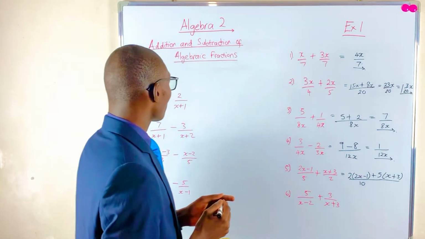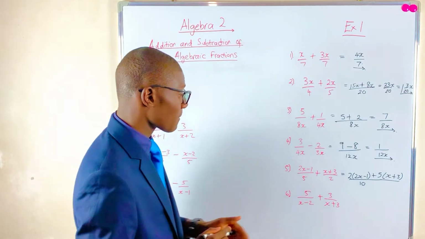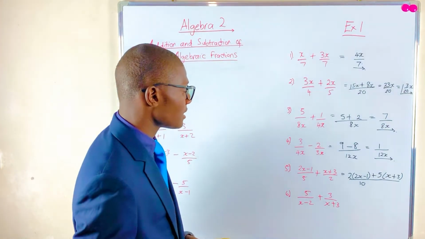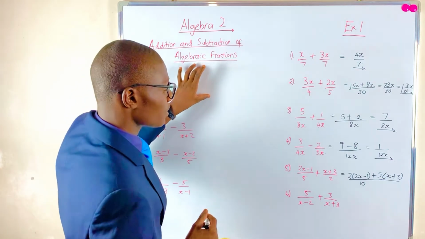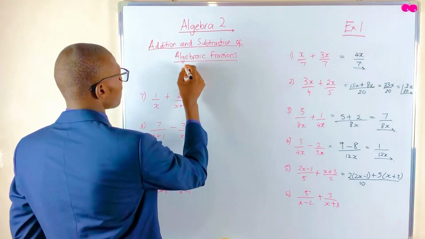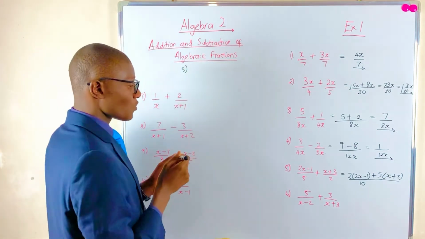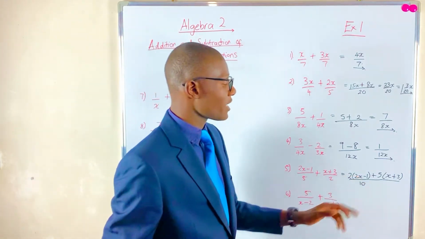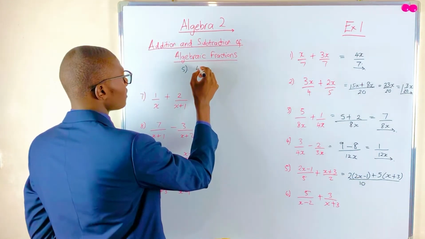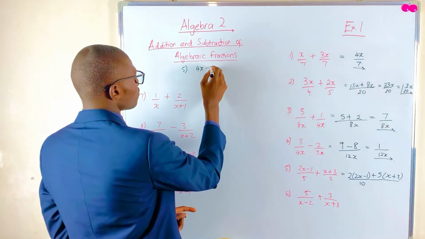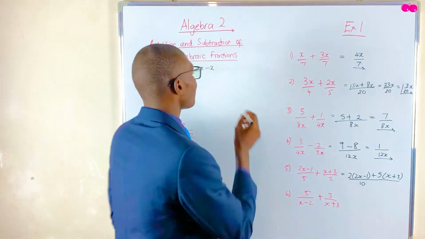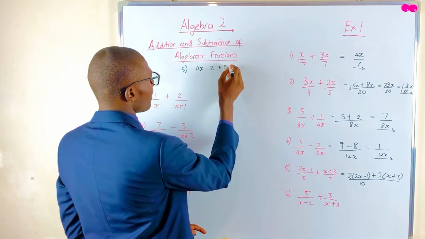And then now we can go on to remove the brackets and simplify. So allow me to continue the calculation here. This is for number 5. So we are saying 2 times 2x gives us 4x, and then 2 times minus 1, that's minus 2. Then plus 5 times x, that's plus 5x.